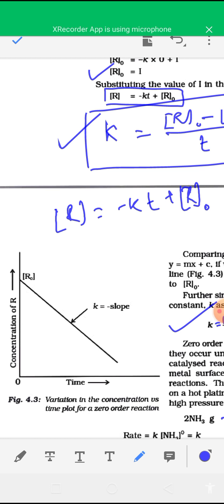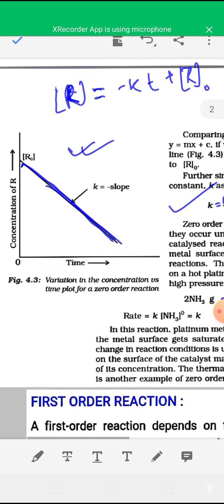So if you plot the concentration of reactant with time, you will get this type of plot, where the concentration of reactant decreases with time with a negative slope. You will get a straight line, and this is for zero order reaction.